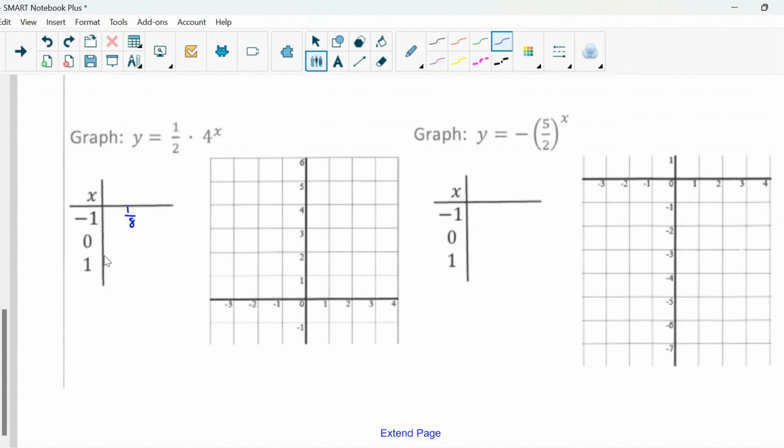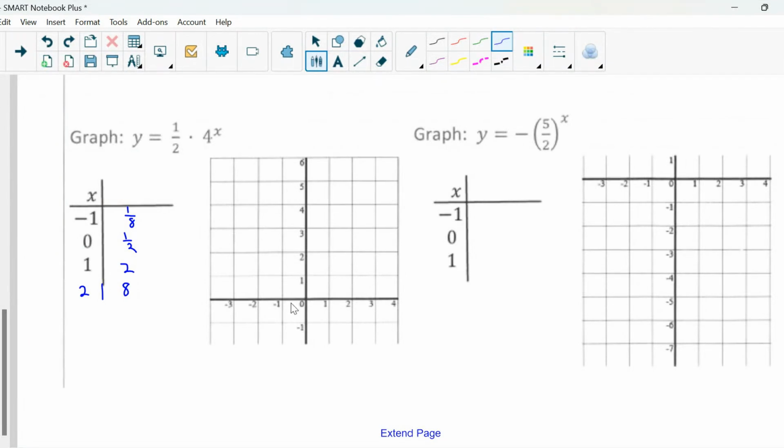At 0, we had 1. 1 times 1/2 is just 1/2. 4 to the first power gave us 4, times 1/2 gives us 2. And if we wanted to take this one further, 4 to the second power is 16 times 1/2, which is just going to give us 8.